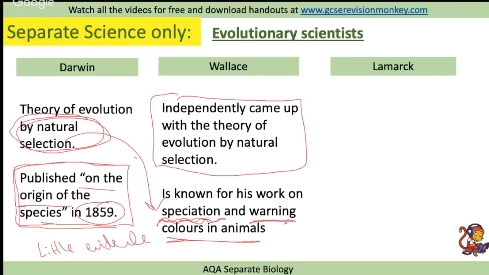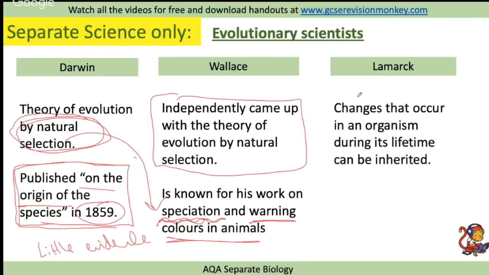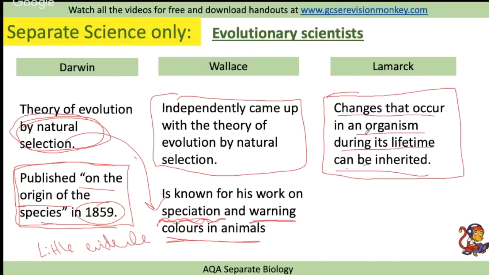Lamarck, he was a third evolution scientist that you need to know about, and he said that changes that occur in an organism during its lifetime can be inherited. So, for an example, if I carry heavy books every day up and down the stairs, then I'm going to get strong muscles in my arms.